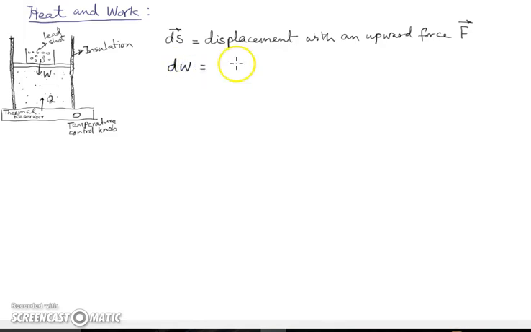So work done by this force, let's call it dW, is force dotted with the displacement. And pressure is force per unit area, so force is PA times ds times cosine of 0 degrees, because force and displacement are parallel to each other, in the same direction.